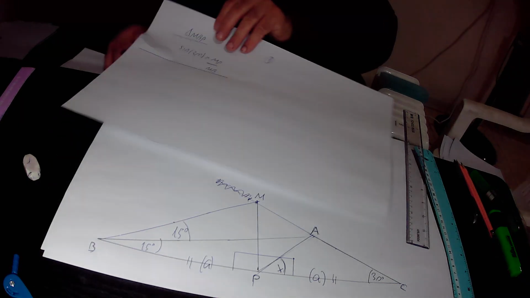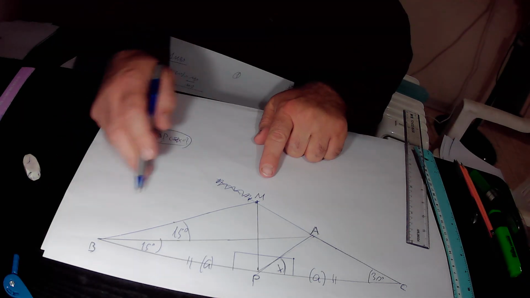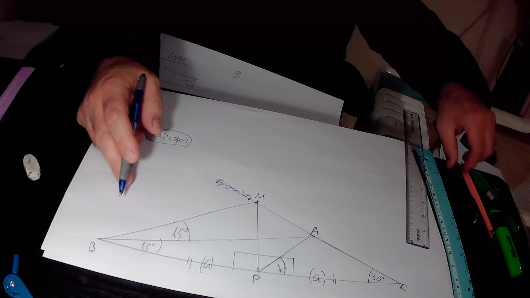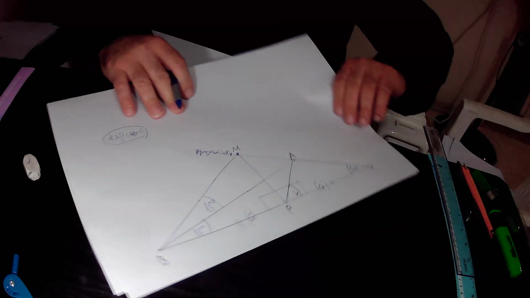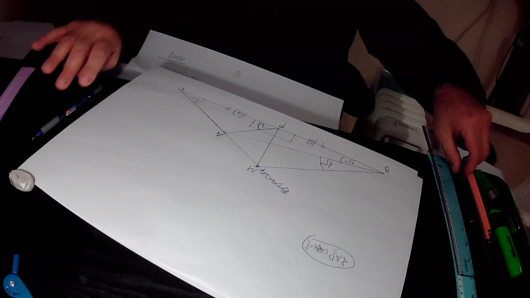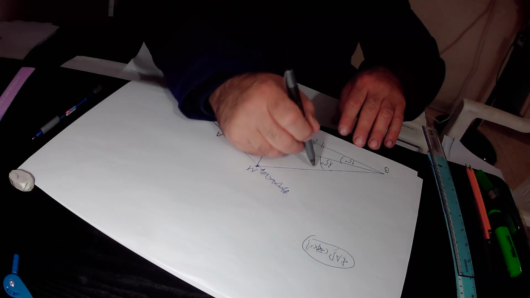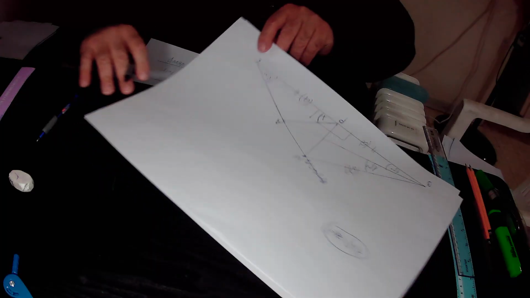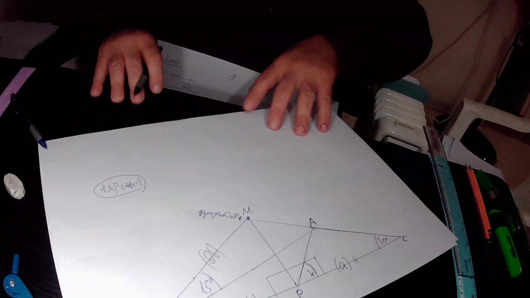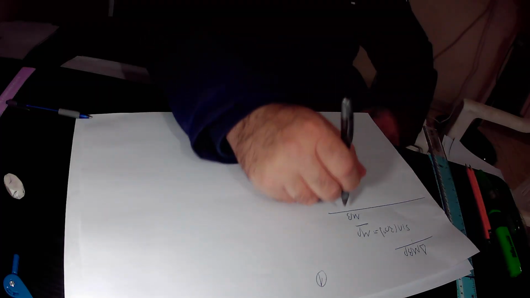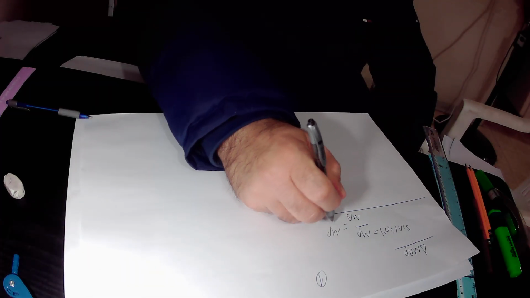In the next step, we define the hypotenuse MB as 2B. So sin 30 degrees equals MP over MB.